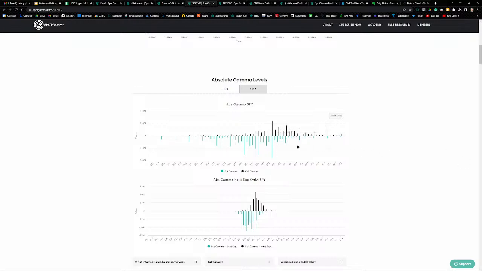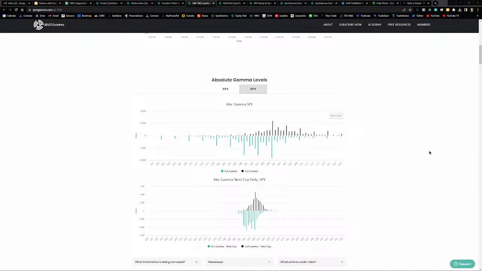Anyway, a lot of put gamma at the 390 and 395 level, and there's a predominance of put gamma below the 400 level and call gamma above that level.